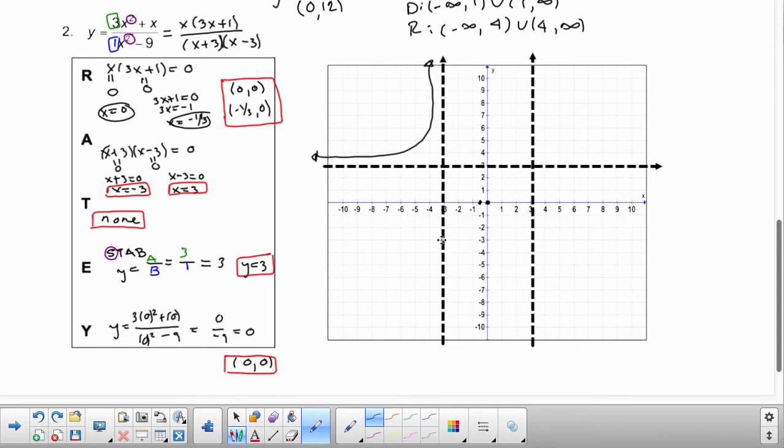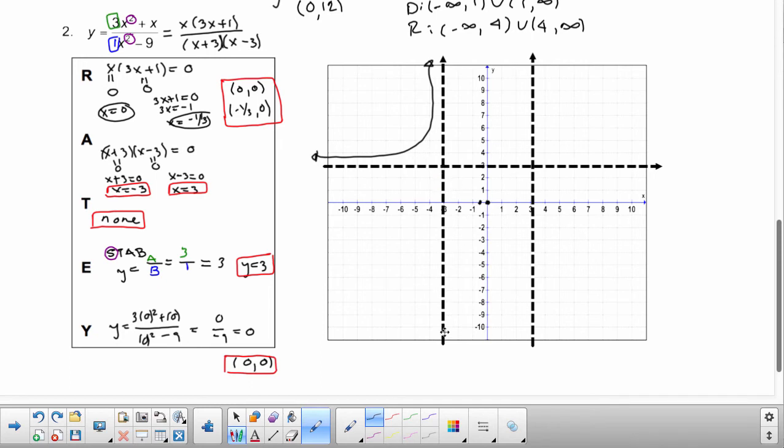Now we can go over to these 2 points. We know that we have to cross the x-axis at both of these. And since we didn't have any tangency or togetherness, we know that we're going to go through the x-axis at these points. That lets us know that we're going to end up having a parabola of some sort here.